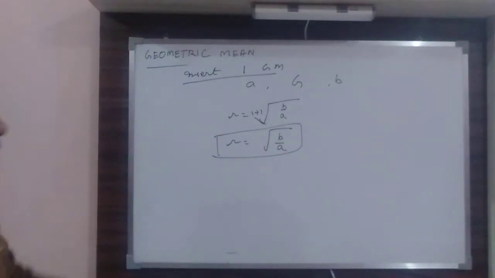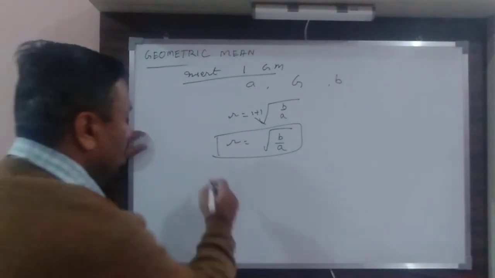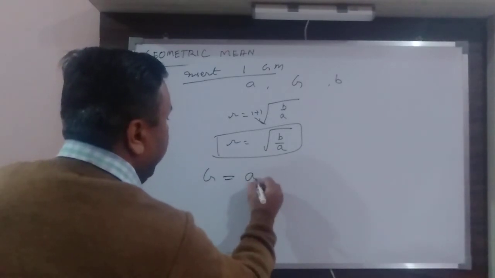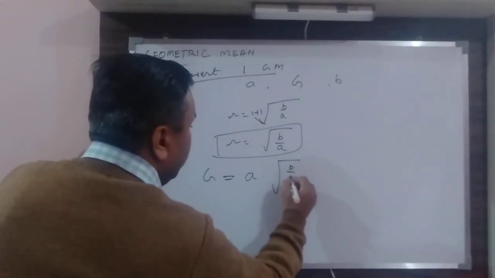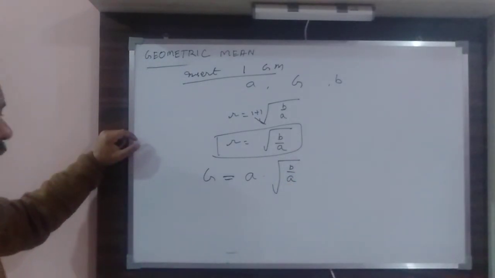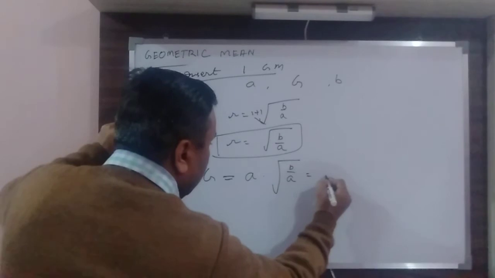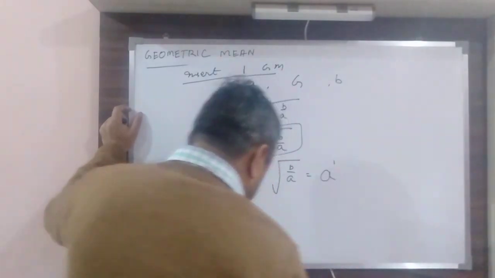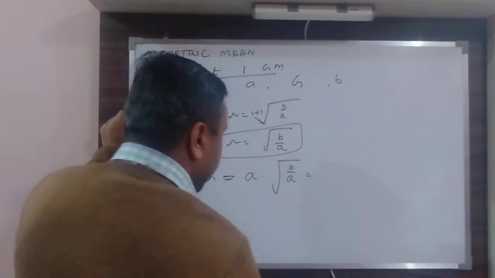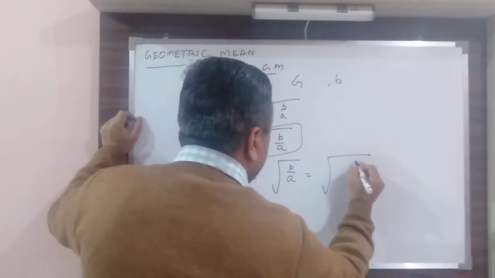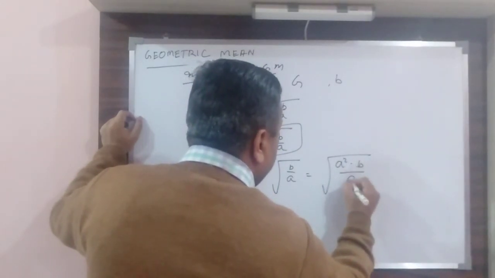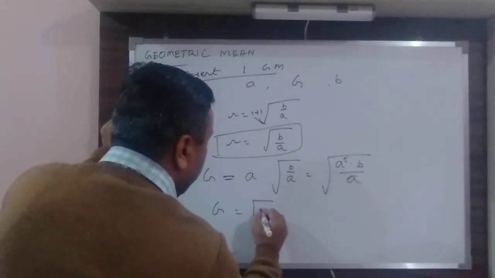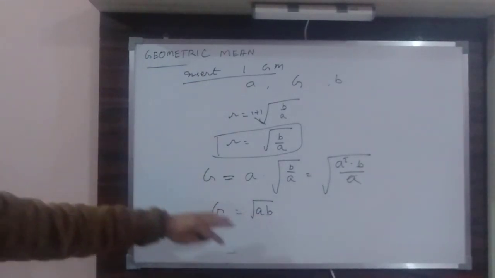Now what is G? G will be equal to A multiplied by the square root of B over A. Just take A inside; I can write it as the square root of A squared into B divided by A. So this gets cancelled, and G is the square root of AB.